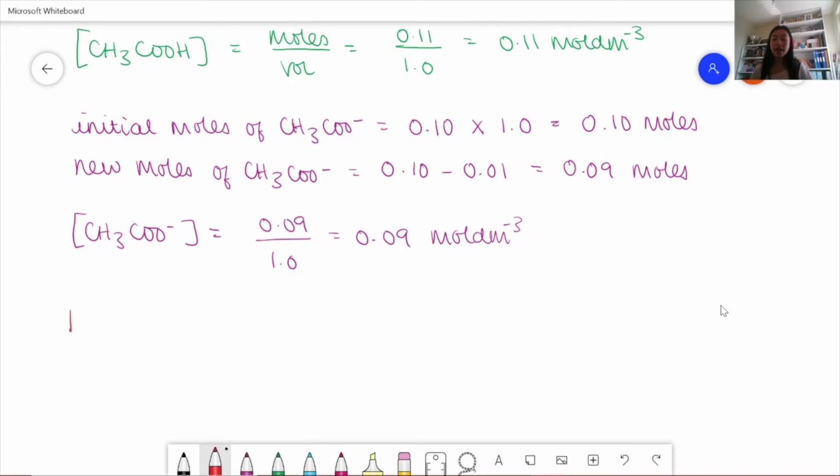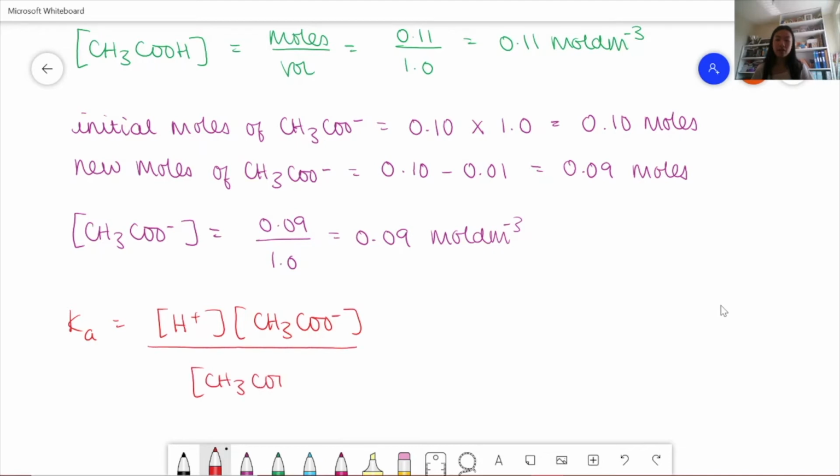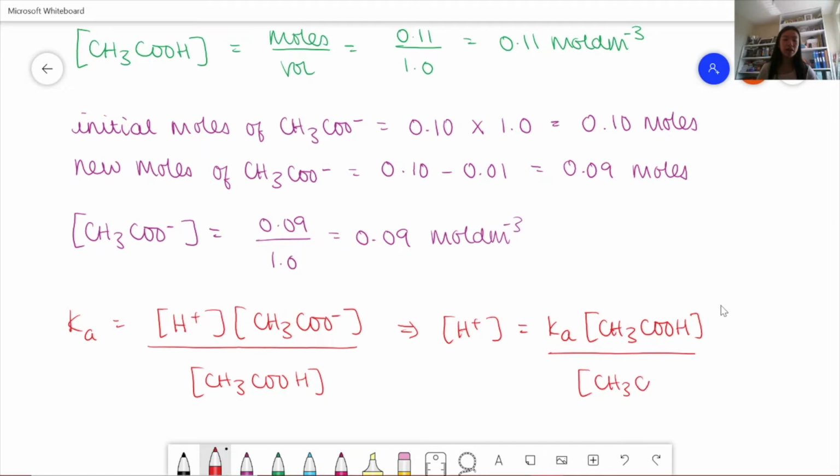So we have that Ka is equal to H plus multiplied by this ethanoate divided by ethanoic acid. And so now we can put in our values for ethanoic acid and ethanoate and Ka to find the H plus. So rearranging this, we get concentration of H plus is equal to Ka multiplied by the concentration of ethanoic acid, all divided by the concentration of the ethanoate ion.